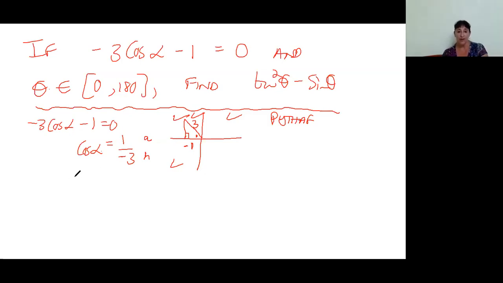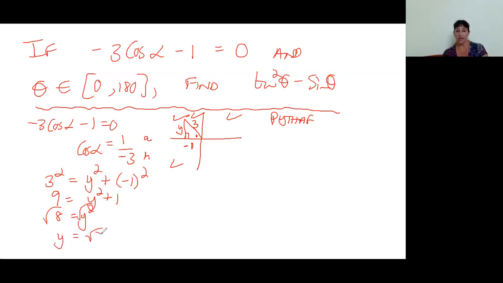Right, so I want to find my y. So it's the square on the hypotenuse equals the sum of the squares on the other two sides. So 9 equals y squared plus 1. I'm going to throw the 1 over. 9 minus 1 is 8. And then I'm going to square root.